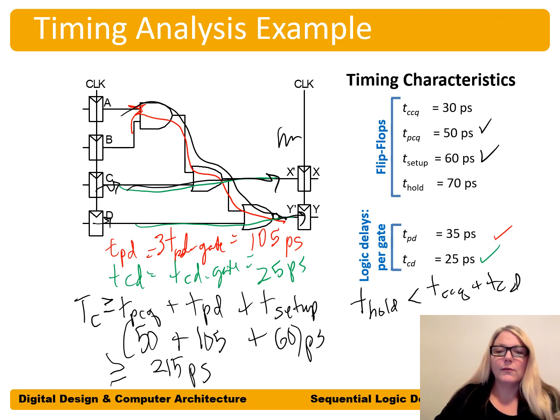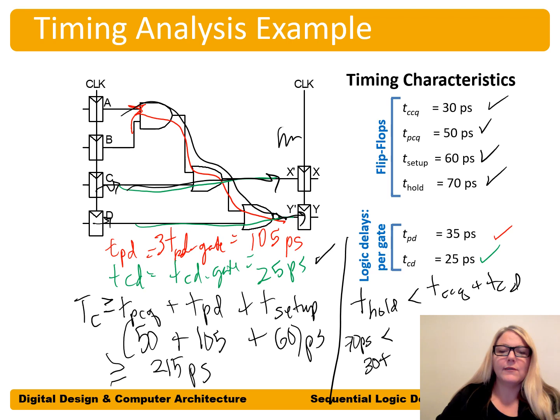And so we have T hold, 70 picoseconds, has to be less than TCCQ is 30 plus our TCD of our combinational logic, which is 25 picoseconds. So we have 70 picoseconds has to be less than, oh, it has to be less than 55 picoseconds.